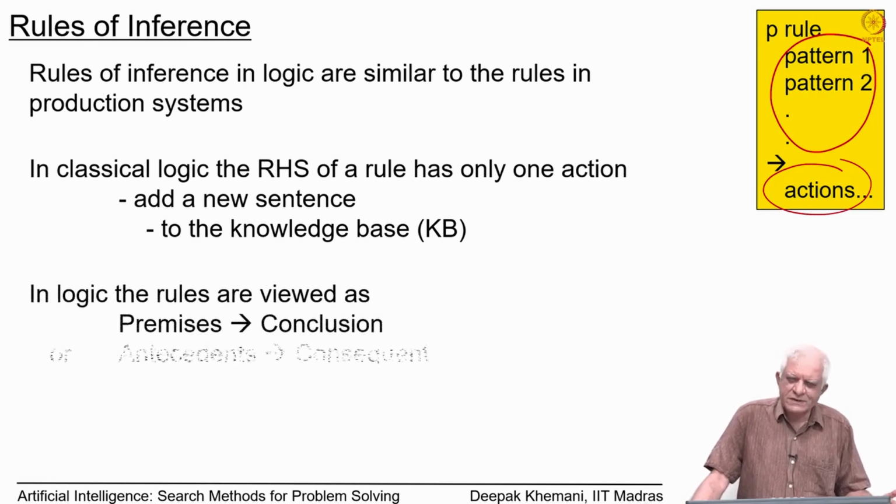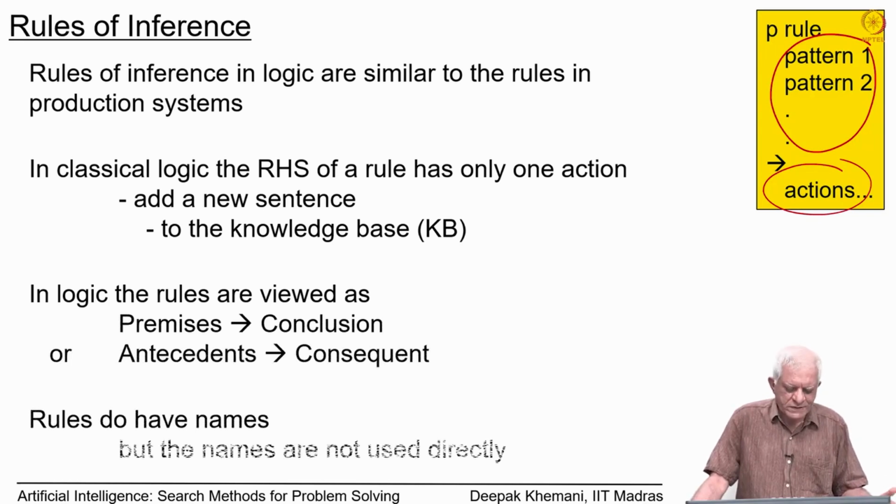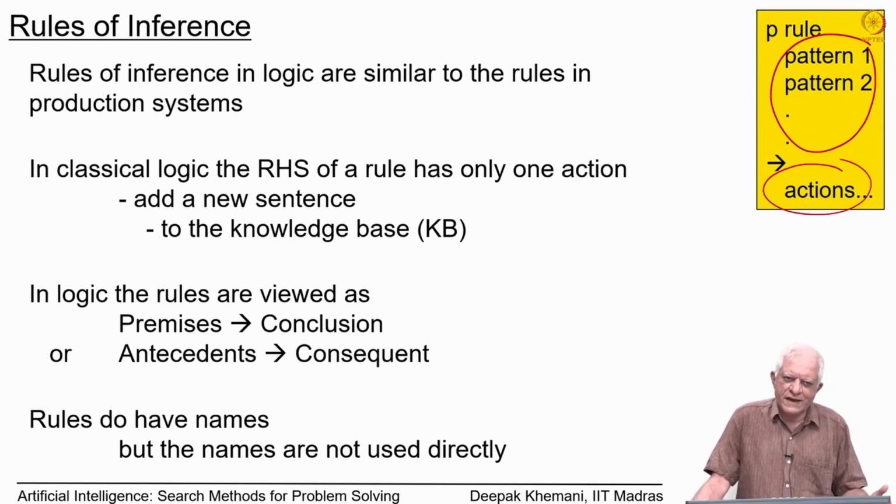When we talk about rules in logic, we normally see it as an association between premises and conclusion, or some logicians would say antecedents and consequent, and that is the basic pattern that a rule of inference says: if the premises are given to you, or if the antecedents are given to you, then you can add the conclusion, or you can infer the conclusion or the consequent and add it to the knowledge base. We are talking about processing, reasoning, the manipulation of symbols here.